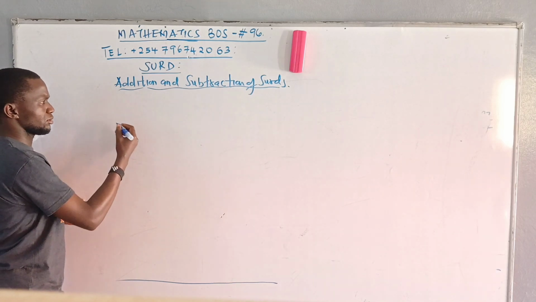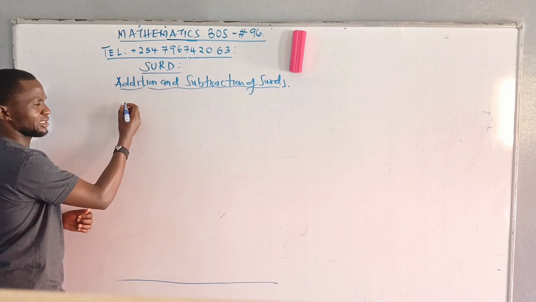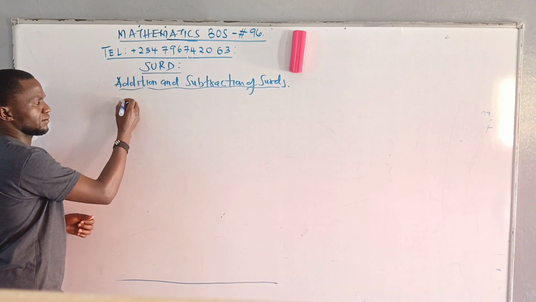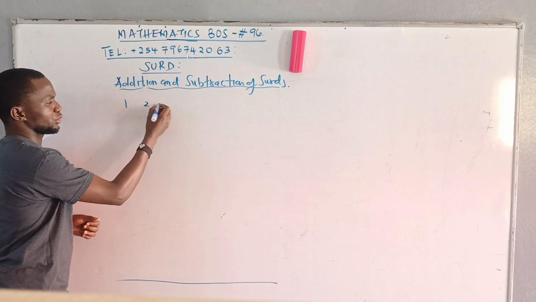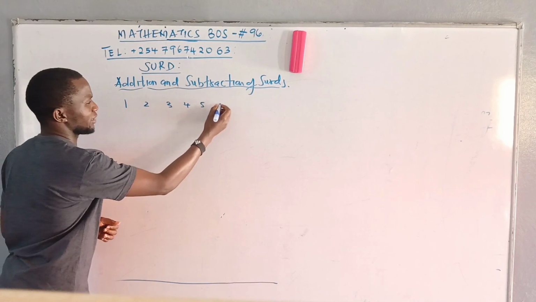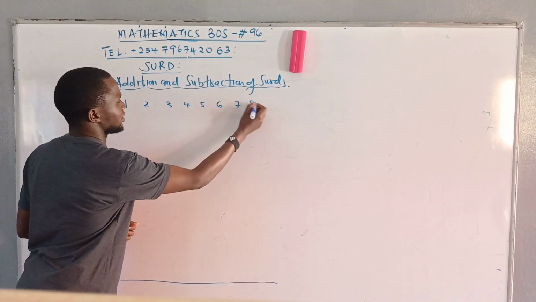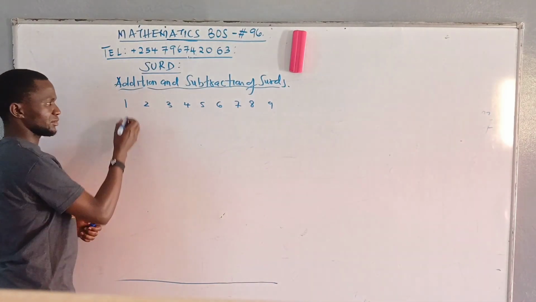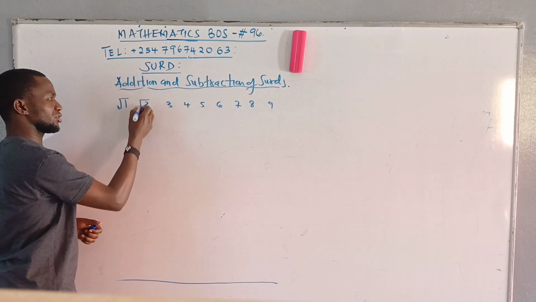I want to pick a few of the numbers here: 1, 2, 3, 4, 5, 6, 7, 8, 9. Then I want to introduce the roots.